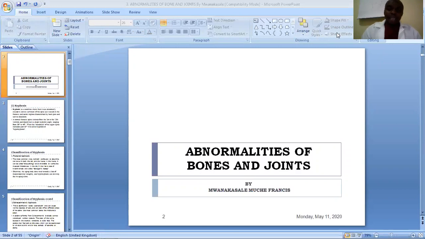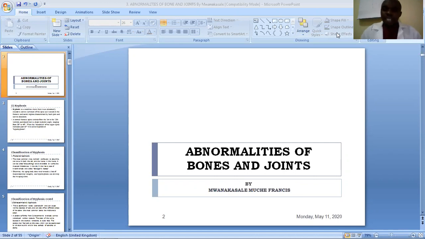Now today, we'll look at kyphosis. Some books refer to kyphosis as humpback, and some refer to it as hunchback. So kyphosis can also be referred to as humpback or hunchback.